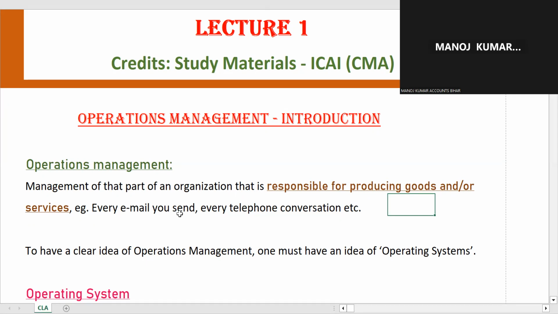किसी के भी any organization के end product से, if you are using the end product of any organization, it means that you are using the operations function of the organization.